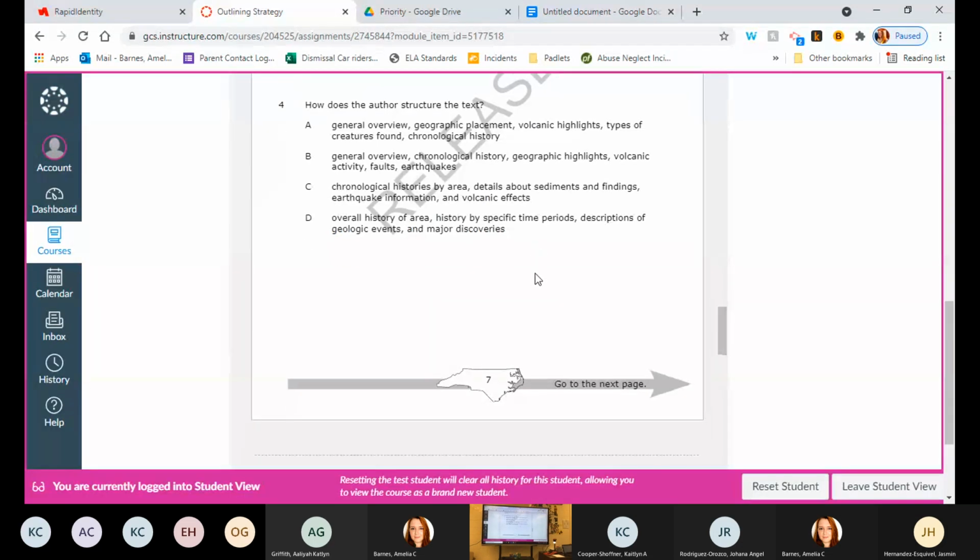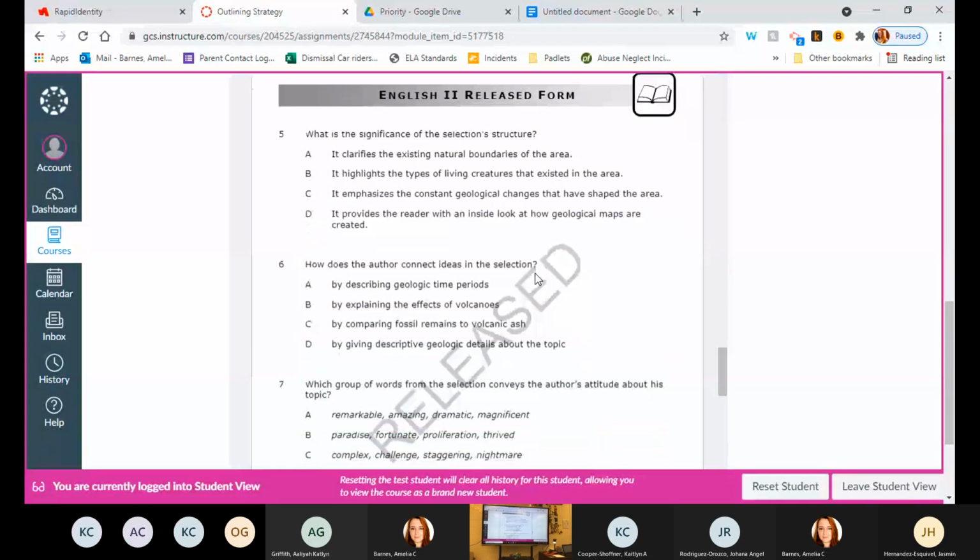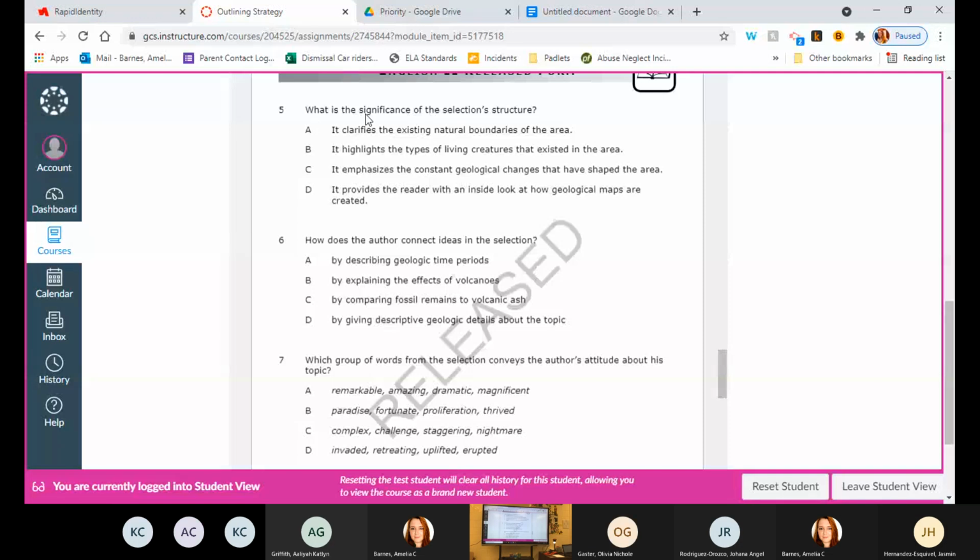All right, so let's look at question 5. Let's read the question. What are our key words? What is this question looking for? What is the significance of the selection structure? Significance, structure. The word significance means what?